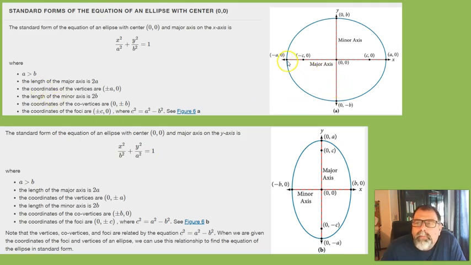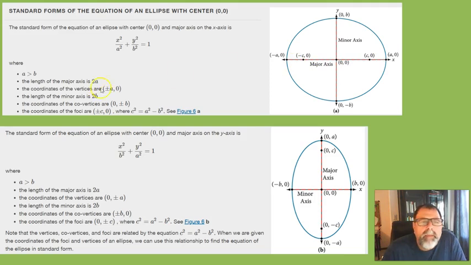The length of the major axis: if we take the square root of a squared, that's a, the distance from the center to the vertex. And then you have minus a over here, and they're symmetric. So with a going that way and minus a going that way, that gives you a length of 2a, because you're going a units to the left and a units to the right.